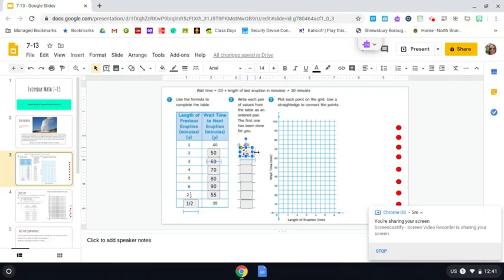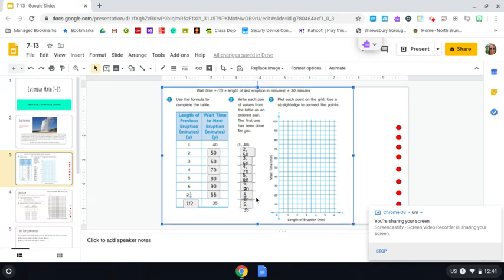Oh, I got to make these a little bigger. 3, 60. 4, 70. 5, 80. 6, 90. 2.5, I'm going to just write 2.5, 55. And I'm going to do 0.5, 35.